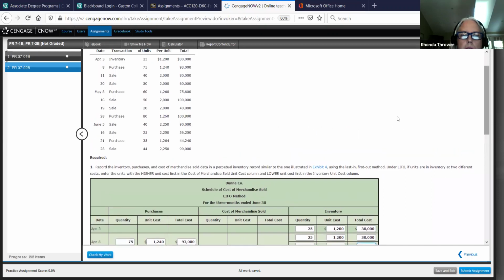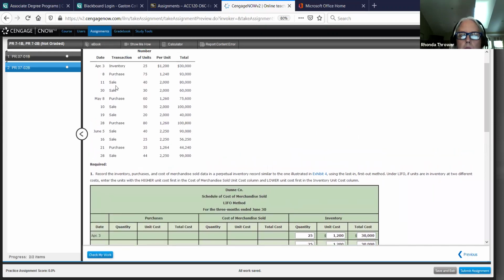The next transaction is on April the 11th, and it's our first sale. Notice we sold 40 units. Also notice that this 2,000 here is not the cost of the units sold. You're going to find the cost of units sold in the cost card.